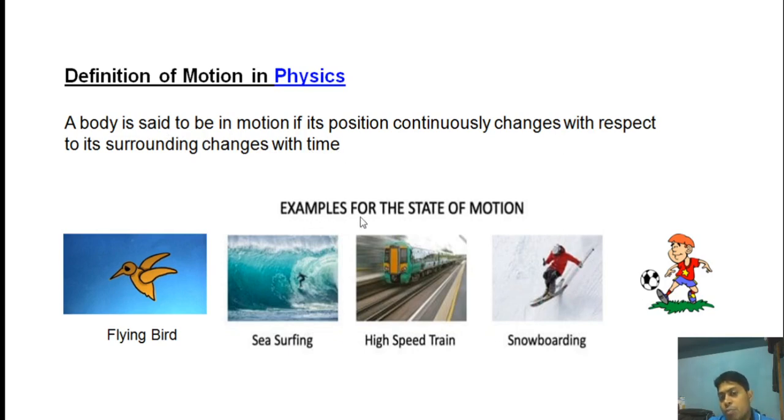So now the examples for the state of motion. A flying bird means it changes position. A flying bird is not at rest in one position. That means at every instant of time its position changes.